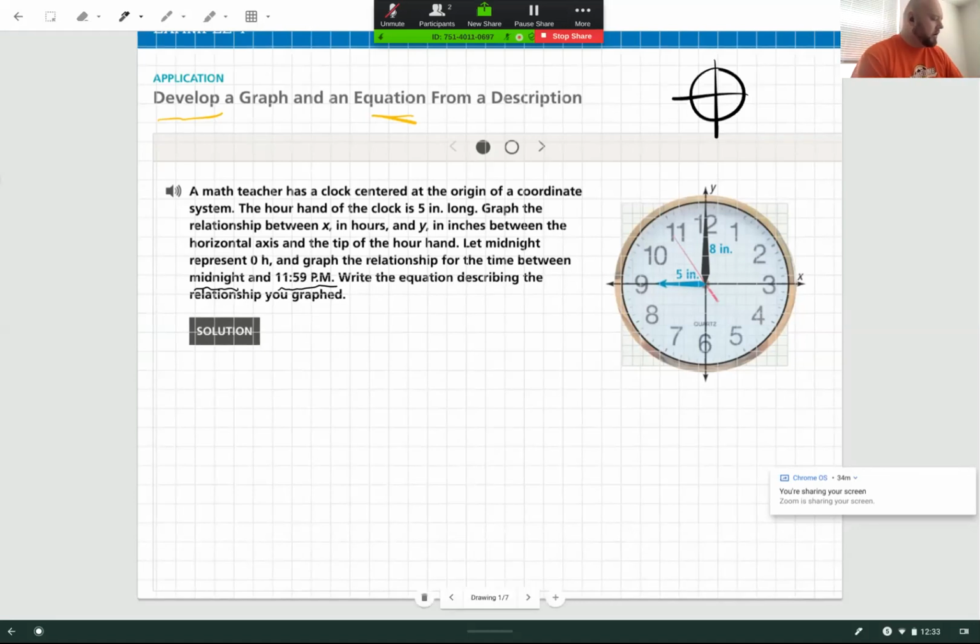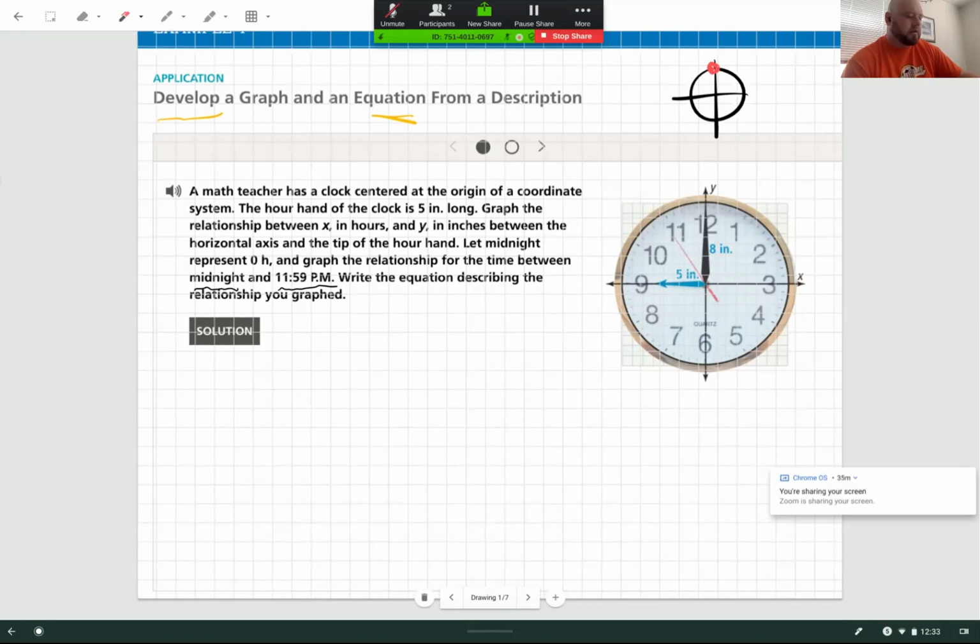We're starting up here at midnight on our hour hand, and we're going to 11:59 p.m., which is basically a full day. It's a 24-hour period. So we want to think about how many times does the hour hand, if it starts here, get back to this red dot in a full day?